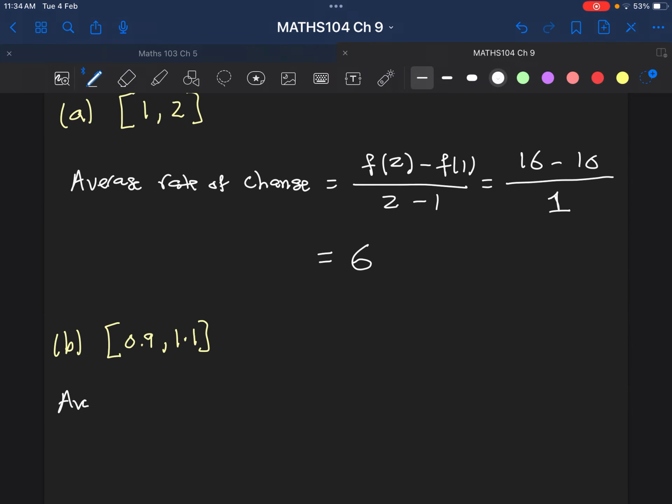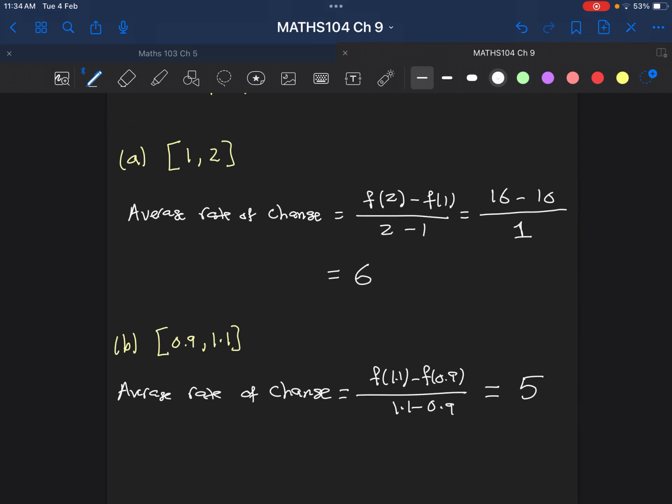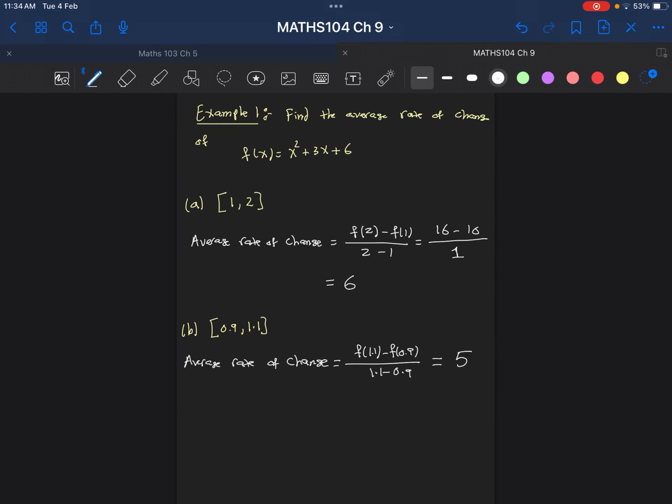Next example. What is the average rate of change? It would be f of 1.1 minus f of 0.9 divided by 1.1 minus 0.9. Now, if you do this in the calculator, the answer would be just 5.